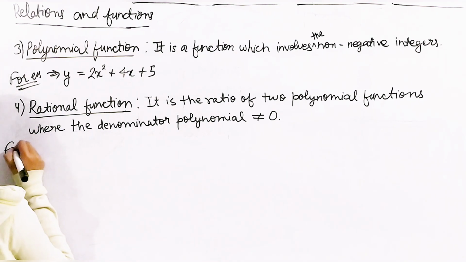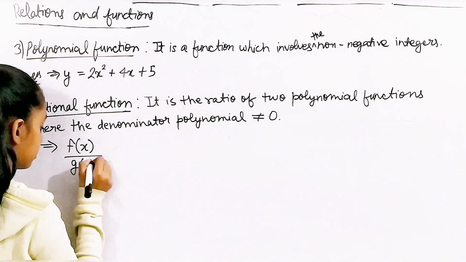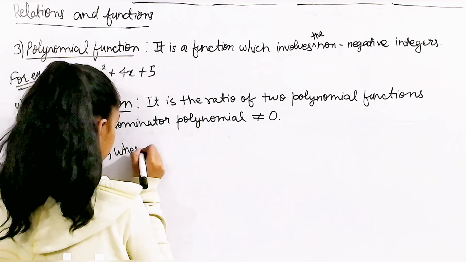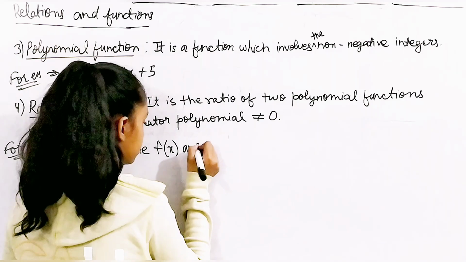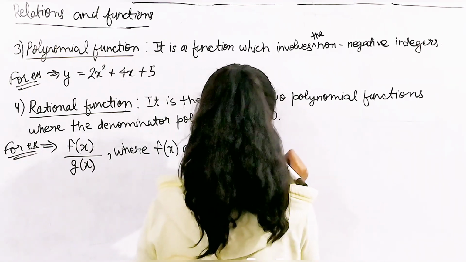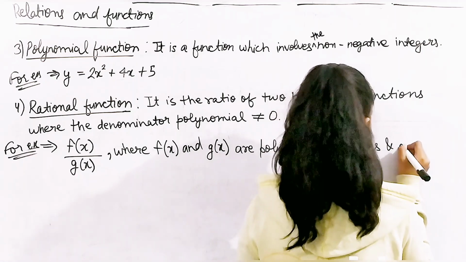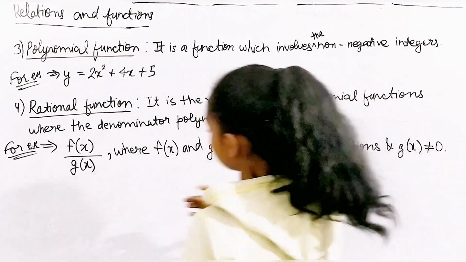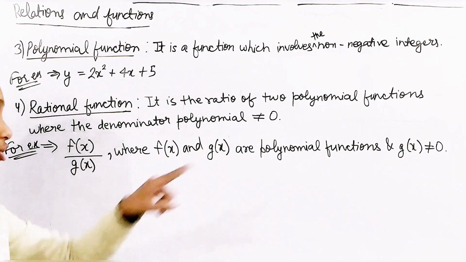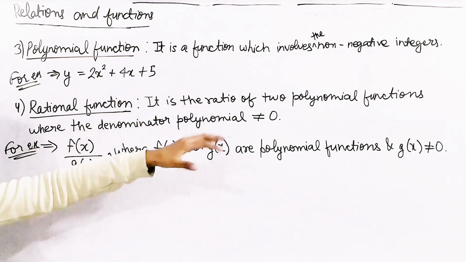So, let's say an example. For example, let's say we have f(x) upon g(x), where f(x) and g(x) are polynomial functions, and g(x) is not equal to 0, as we have already discussed in the definition written above.